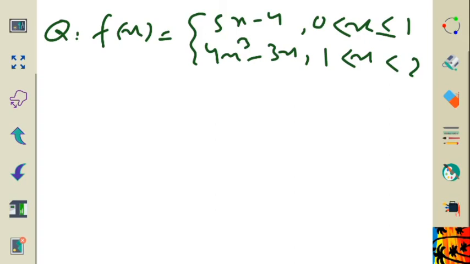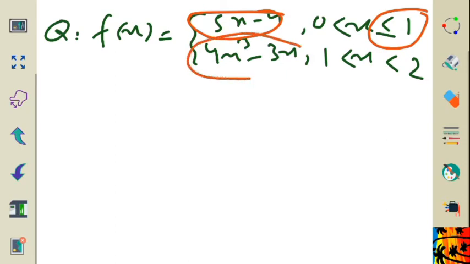Now you can see there is a point in this question where the function is not properly defined. When at 1 I say slightly less than 1, I get some value of the function, and slightly greater than 1 I get some other value. Clear?